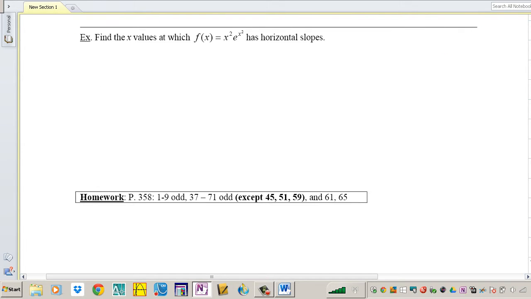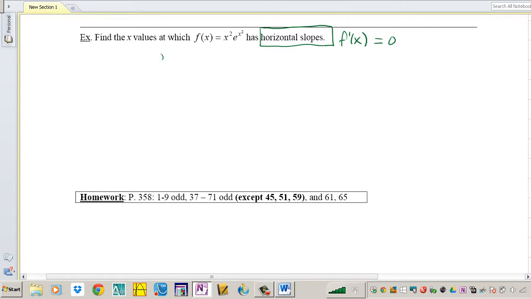Find the x values at which f has horizontal slopes. Okay, what does a horizontal slope mean? The slope must mean 0. Okay, and if we want to find the slopes of a curve, then we're talking about the derivative. So we must find the derivative, set it equal to 0, and solve for any x values that would make this 0.